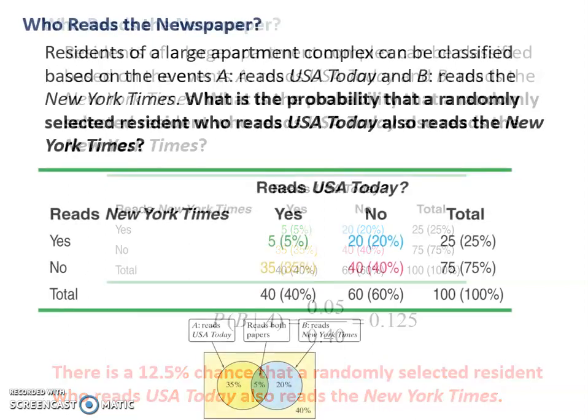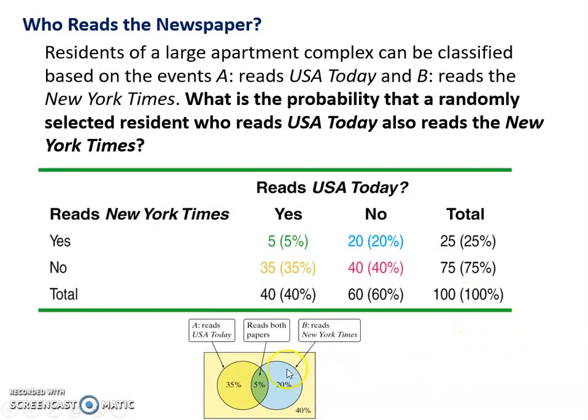Something else I wanted to point out about this example, how you can see the Venn diagram relates to the two-way table. Notice how where it's 2 yeses overlapped, that's where the 2 things overlapped. If 25% of people read the New York Times, then the New York Times event bubble has to sum to 25. So 20 only read New York Times but not USA Today.